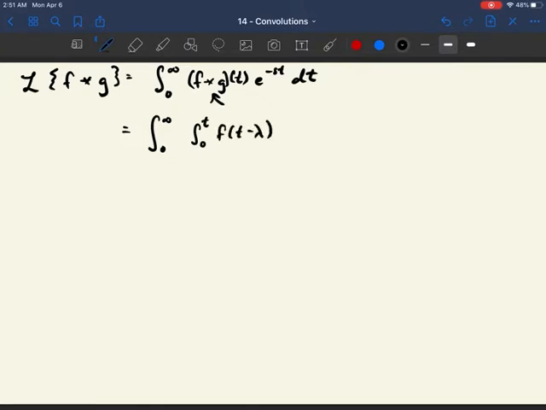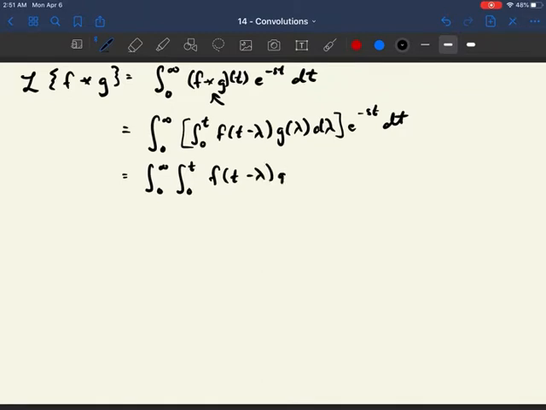And now we're going to put in the definition of f star g, so we're going to have an integral inside of an integral. This is from 0 to t of f of t minus lambda, g of lambda, d lambda, right? So that's being multiplied by e to the minus st dt.